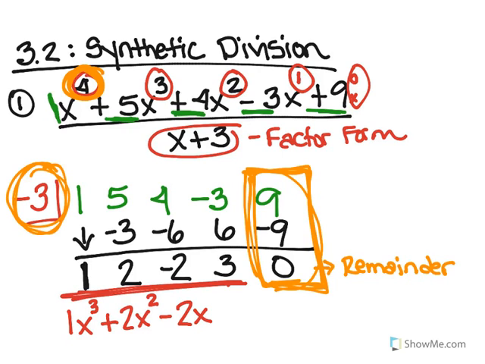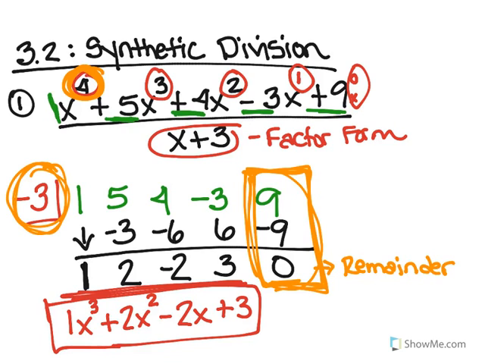Now after 1st degree you don't have no more x's. That plus 3 is your constant. So the new polynomial after you have divided is going to be x to the 3rd plus 2x squared minus 2x plus 3. Like I said, this is shorthand synthetic division.